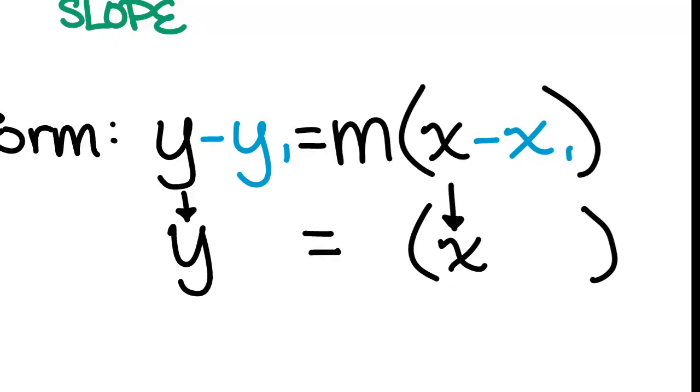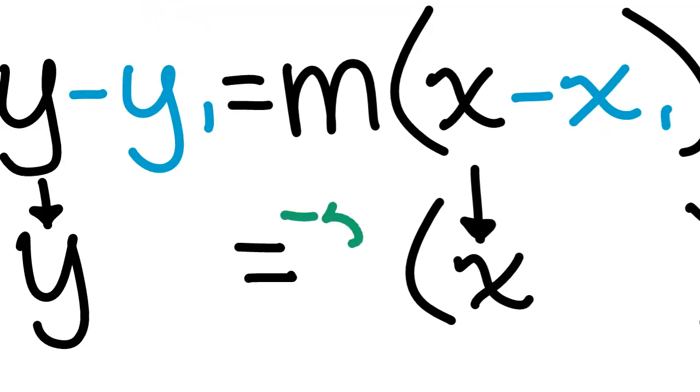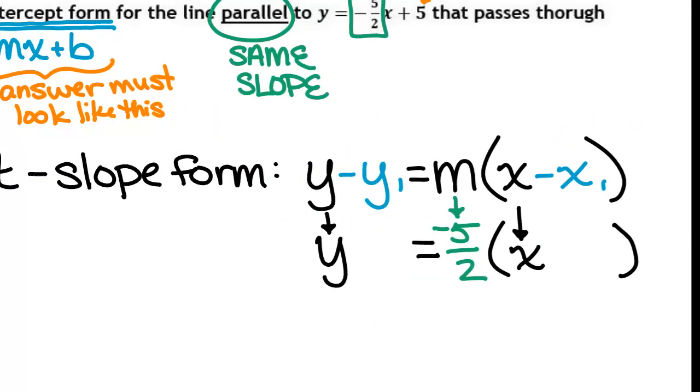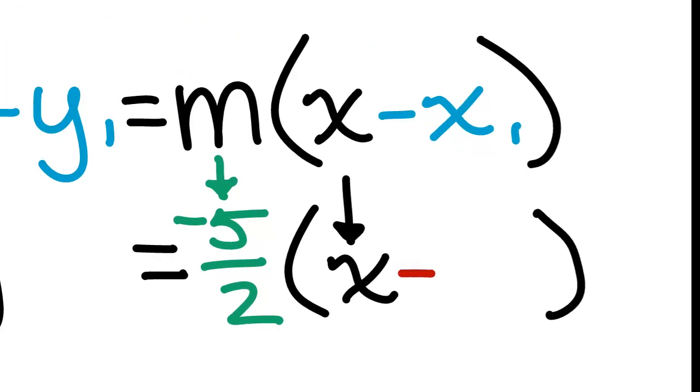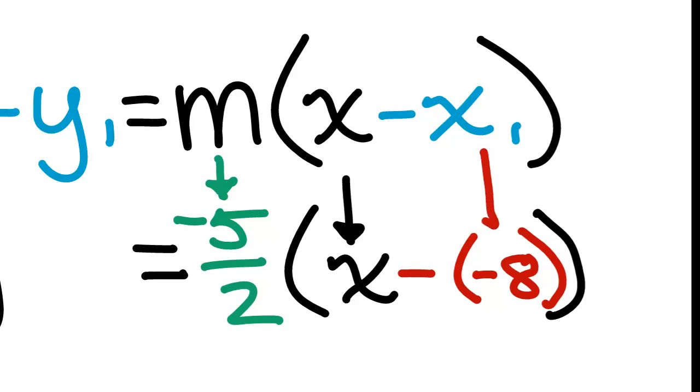What do we want the slope to be? Negative 5 over 2. That's what we're putting in for m. And now I need to take that point, the x1 and the y1, and put it in for x1 and y1 here. X goes next to my x. What is the x1 from up there? Negative 8. So this is going to be minus negative 8.